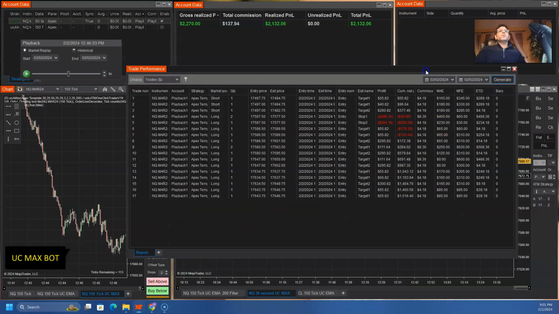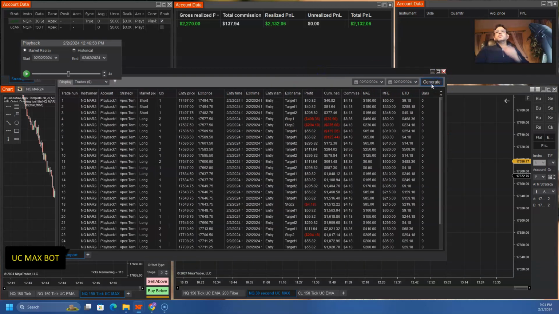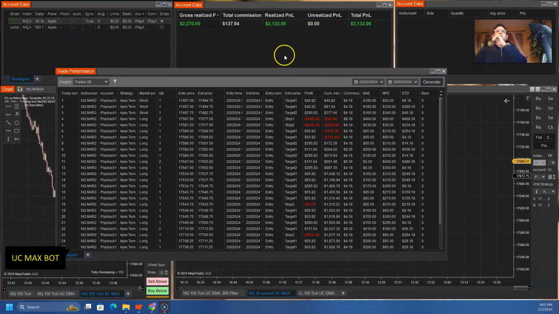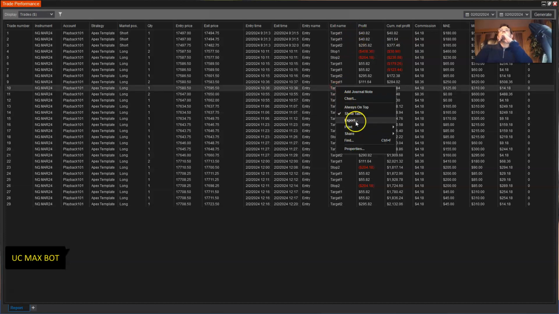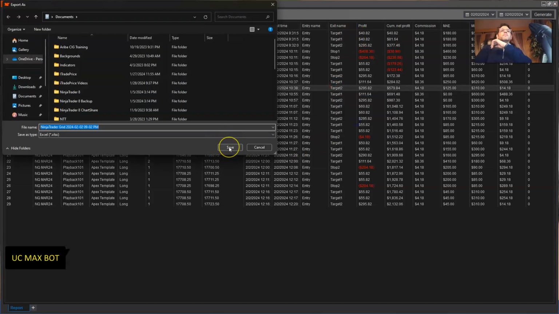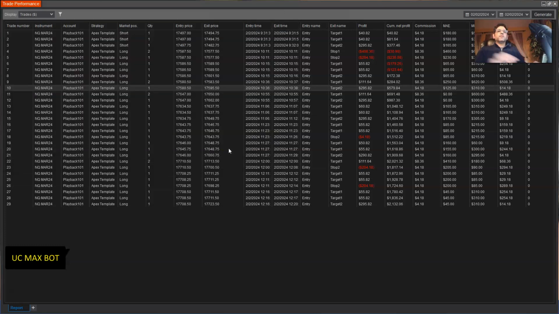And what we can do is, so these are all our trades, right? Let's move this out of the way. Okay, so let's do one thing. Let's export this thing. Data one, whatever.